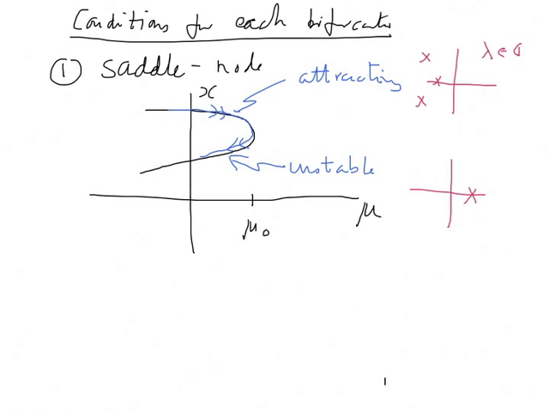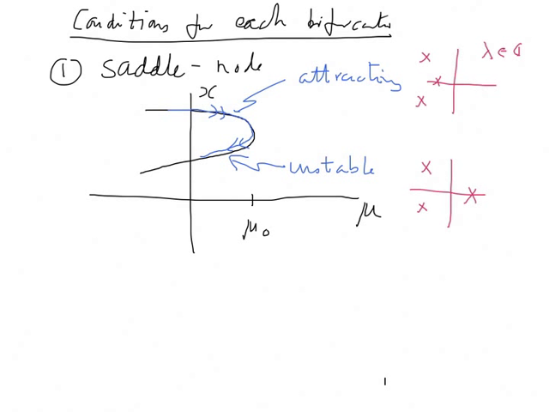We would just imagine following this curve. And as you follow the curve, you will see the eigenvalues change for the linearization, and what you will see as you go from the attracting to the unstable case is that an eigenvalue has gone through zero.